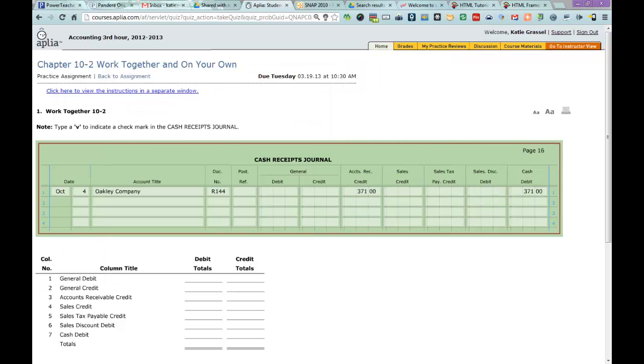TS 43. Okay. We'll go through and put in the date of the 13th. Cash and credit card sales. What's my source document? Sorry, what's my account title? You're right on my source document, but what's my account title?